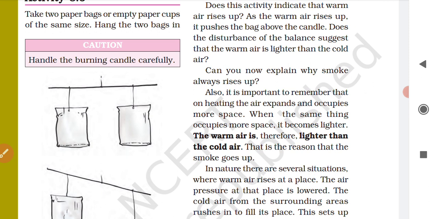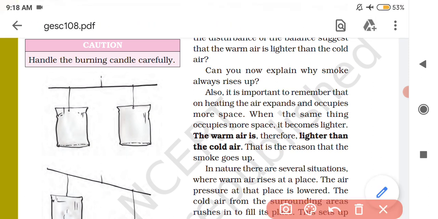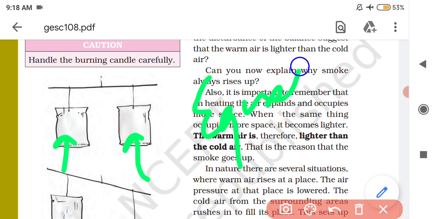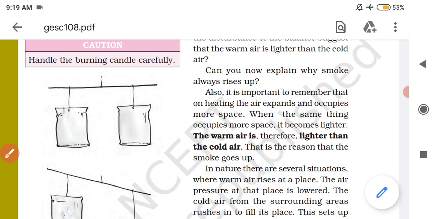Initially the wooden stick is perfectly horizontal, showing that the 2 paper bags contain an equal mass of the same air. Equal amount of air is present inside the paper bags. That is why it is horizontal. That is why it is balanced.